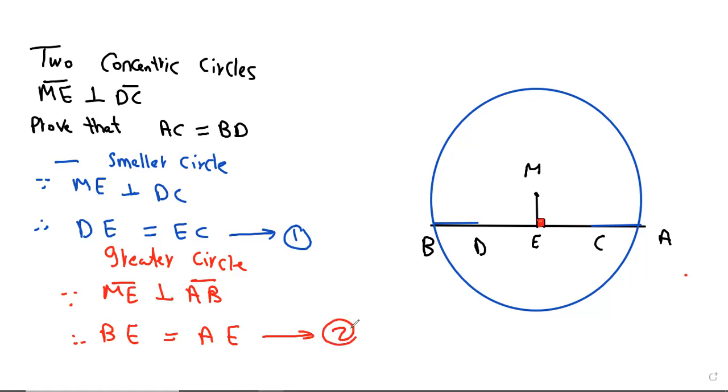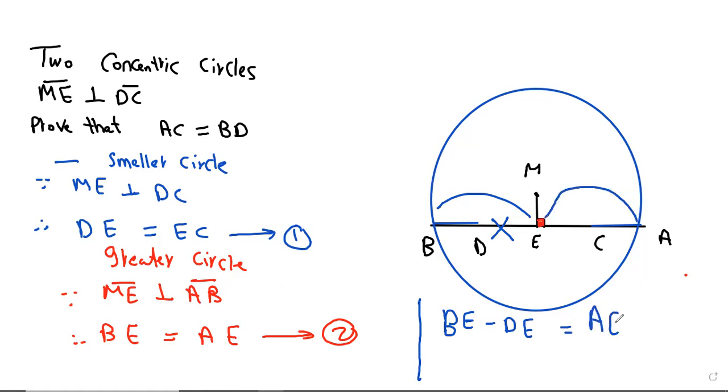That is number two. Subtract 1 from 2. When subtracting 1 from 2, we will subtract: BE minus DE equals AE minus EC.